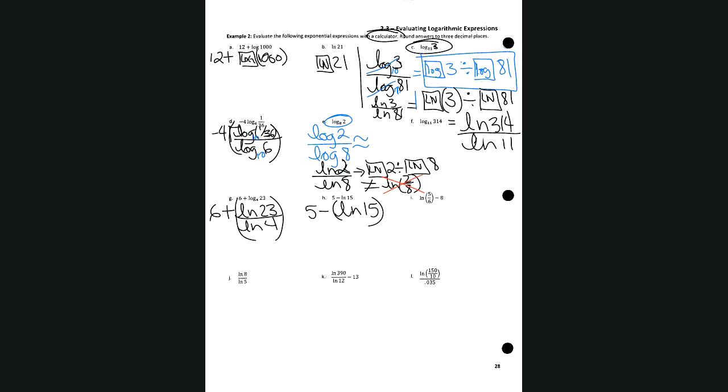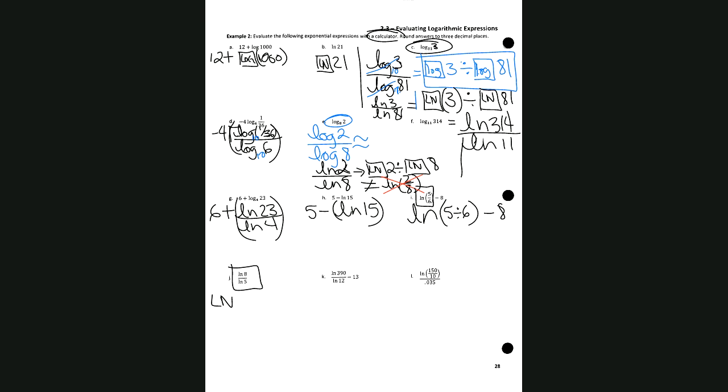Here I'm not changing the base because natural log is a log I can get on the calculator. So here this is natural log. Make sure you keep your 5 divided by 6 together. In this case, you are taking the natural log of a fraction. And then close parentheses and enter -8. So here, when you do the same kind of problems, it looks like changing the base, so you already know what to do.